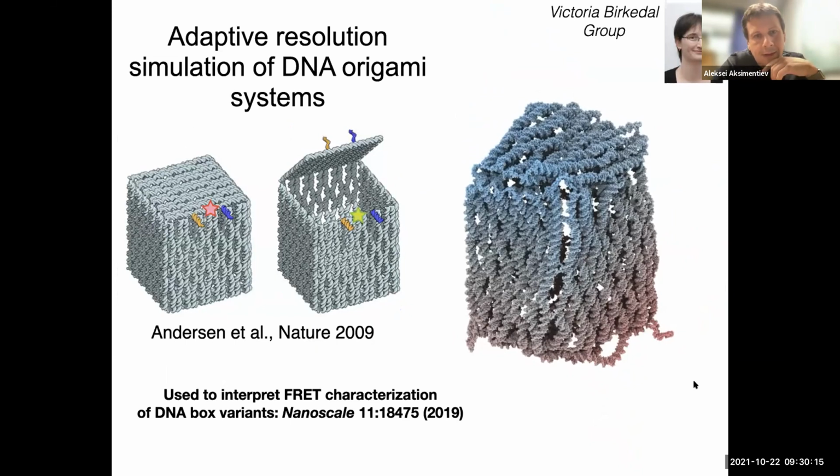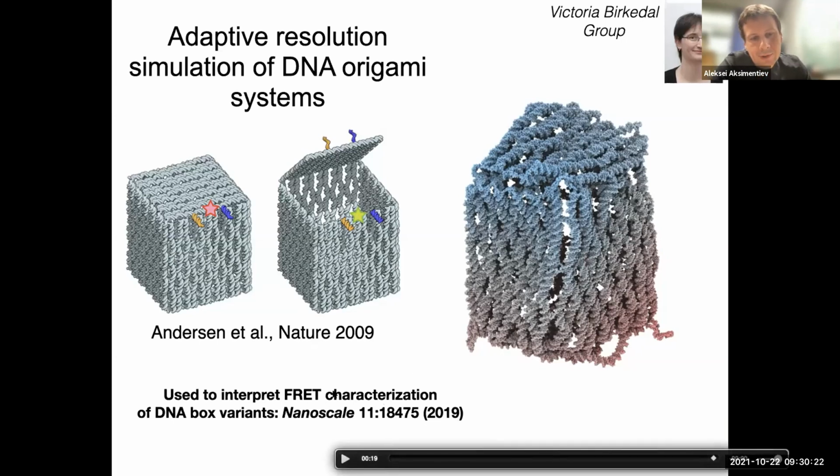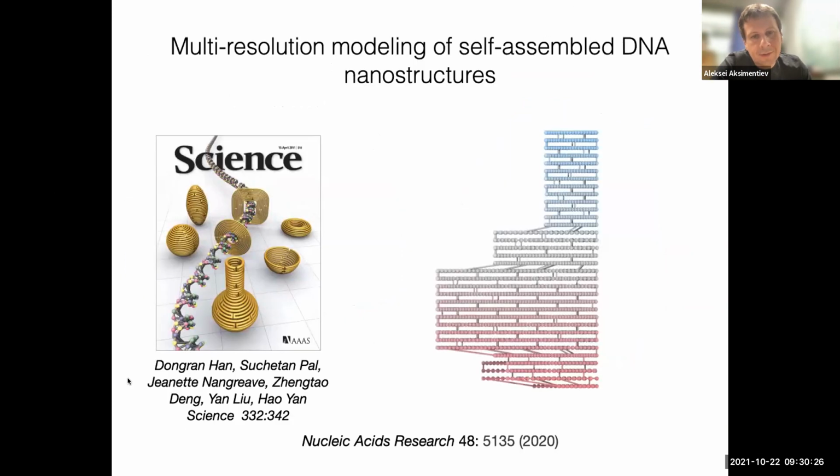We actually use the all atom model to improve the design of those boxes and interpret FRET measurements that's described in this paper. So here's another difficult design. It's called Flask.